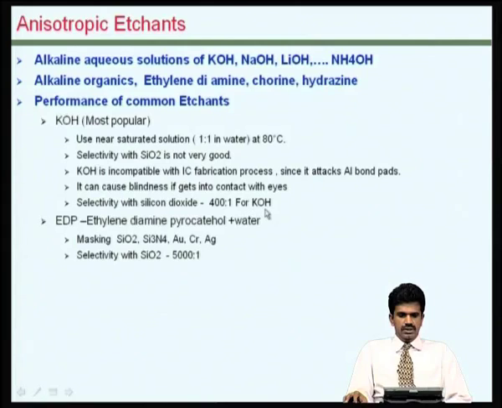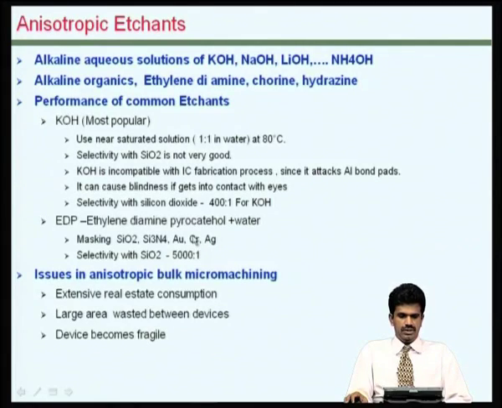The selectivity with silicon dioxide is of the order of 400 to 1. Another chemical which is used for etching silicon is known as EDP, ethylene diamine pyrocatechol, which is an aqueous solution. In this case, various materials could be used as the masking layer, and higher selectivity is possible for etching silicon.